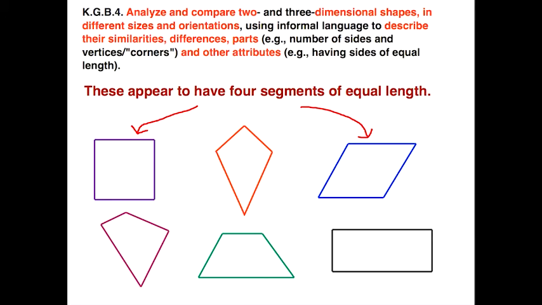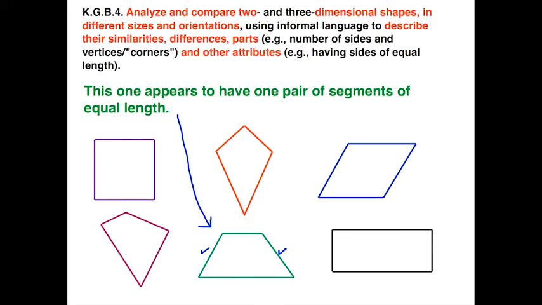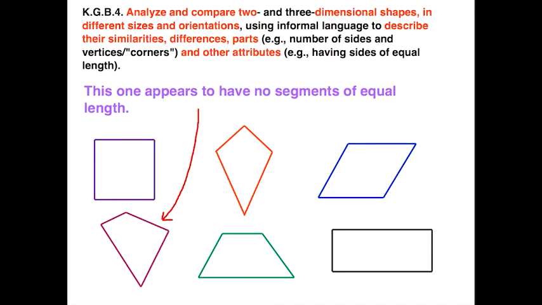If you compare some of these, this pair, it looks like the 4 segments are of equal length. If we compare these two, those appear to have 2 different pairs of segments of equal lengths. If we look at this quadrilateral, that one appears to have 1 pair of segments of equal length. This quadrilateral over here doesn't appear to have any segments that are of equal length.